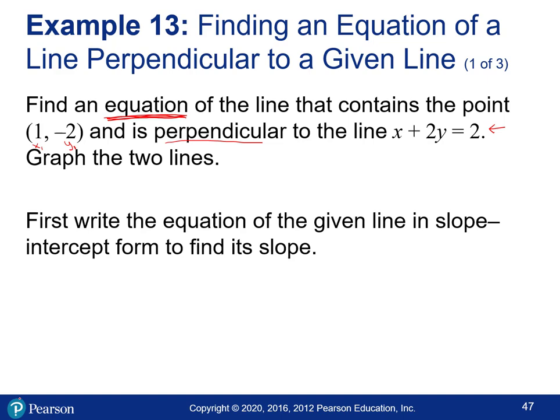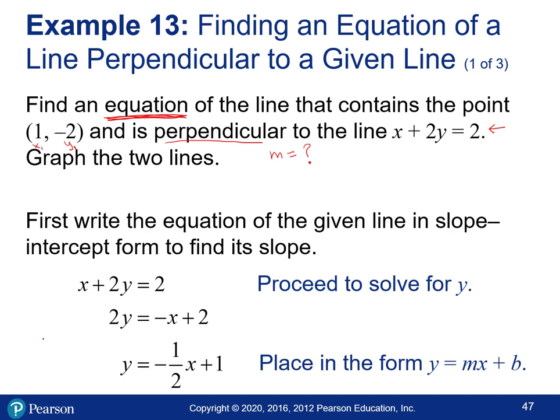So first we're going to write the given equation in slope-intercept form to find its slope. So we're starting with the slope. At this moment, we are trying to answer: what is the slope that we need? If you start by subtracting x from both sides and then divide by 2, we get that this slope is -1/2, but we don't want -1/2.